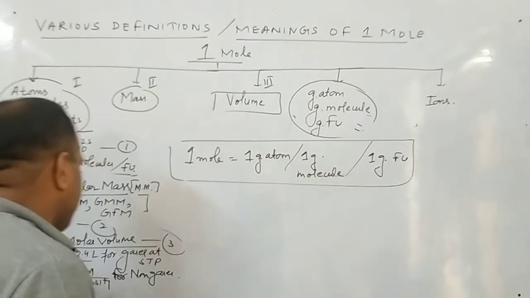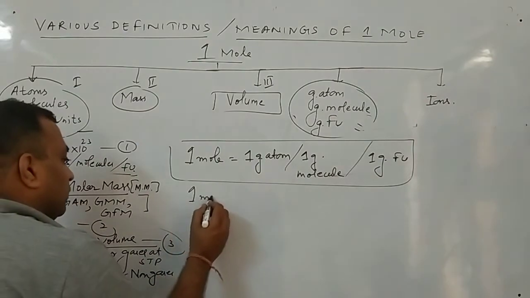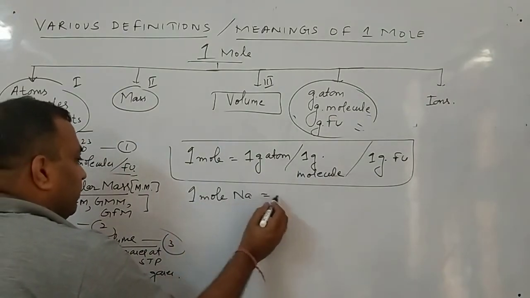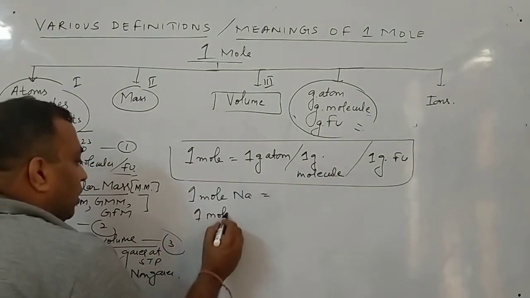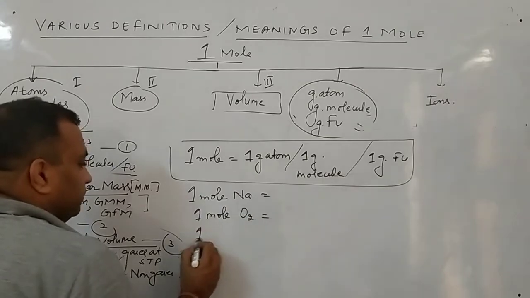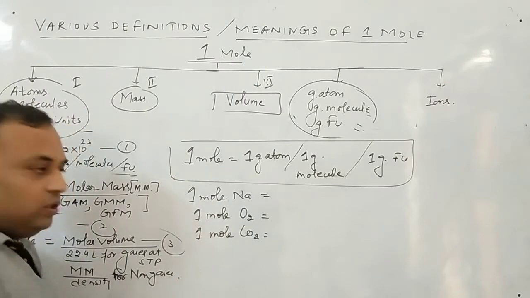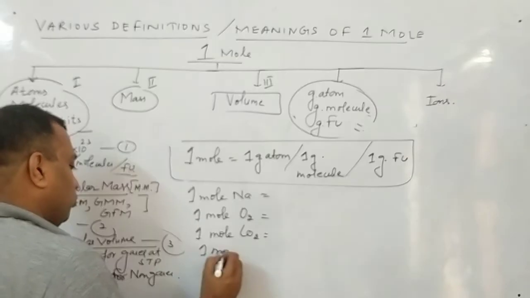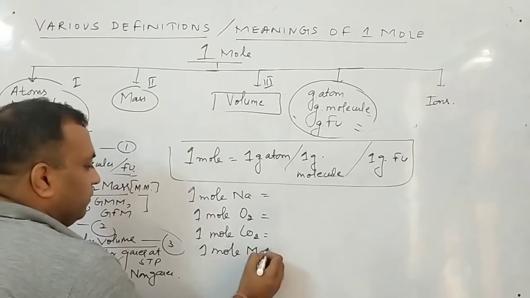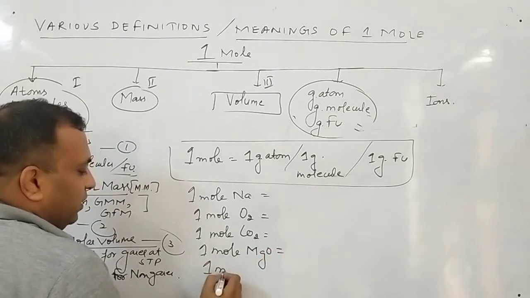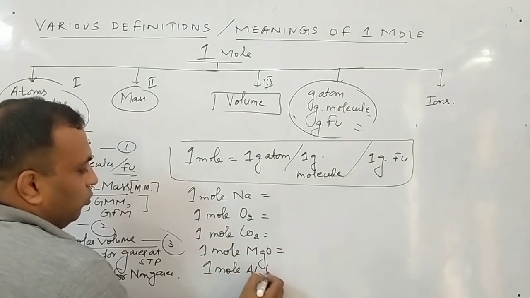So just see now. If I write 1 mole sodium, 1 mole oxygen, 1 mole CO2, and I'll explain that, 1 mole magnesium oxide. Or one more example I will take, 1 mole Al2O3.